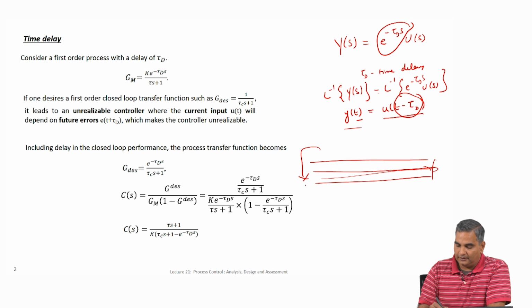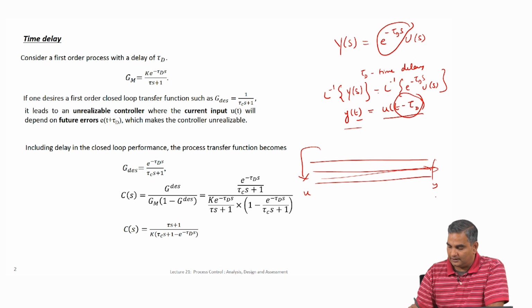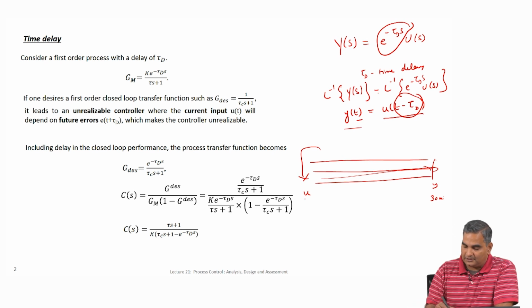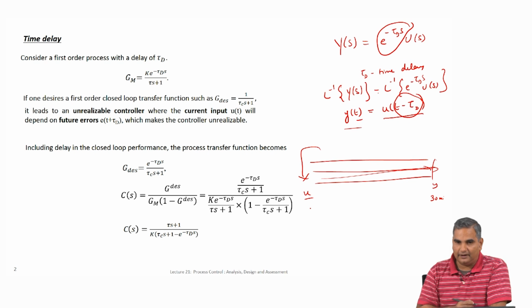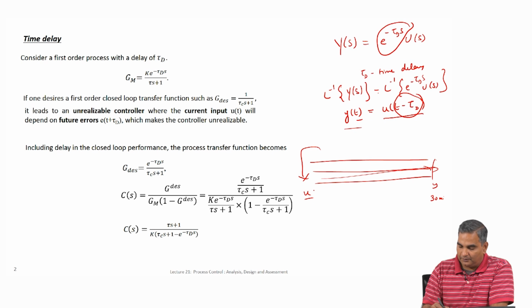If I think of this as u and this as y, and I see a sudden change here, let us say at 30 minutes, in the flow, that is because something changed here quite a while back, and that is the reason why I am seeing this change here. This is what is called the transport delay, and the amount of time it takes before something that I do here shows up here is the time delay.